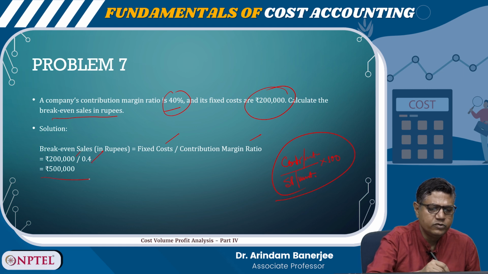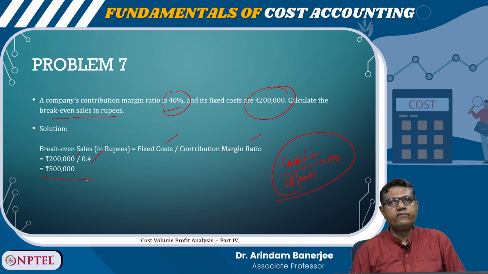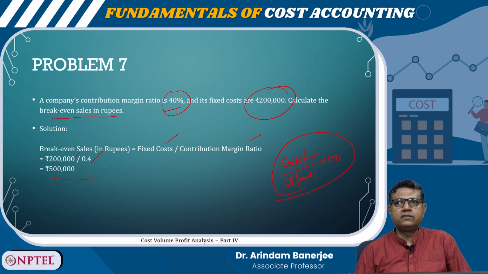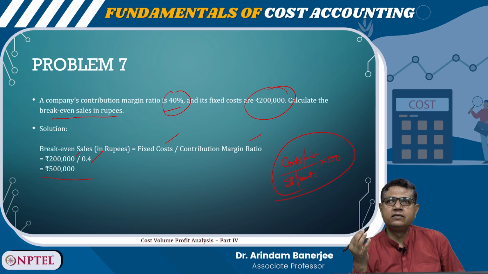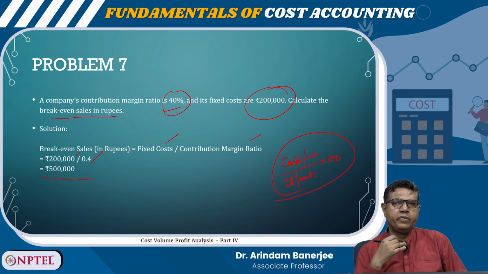So, it is coming to 5 lakh. That means, if the company sells worth rupees 5 lakh, it will reach the no profit, no loss zone. Any additional sales the company makes beyond 5 lakh, the company will be able to make profit.